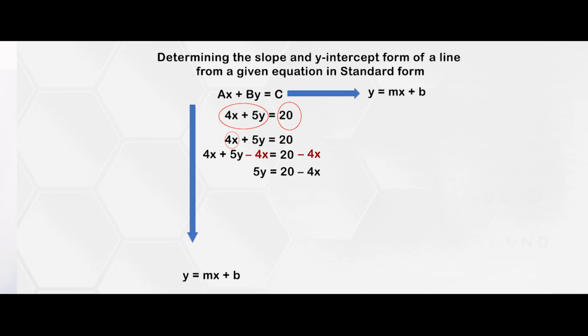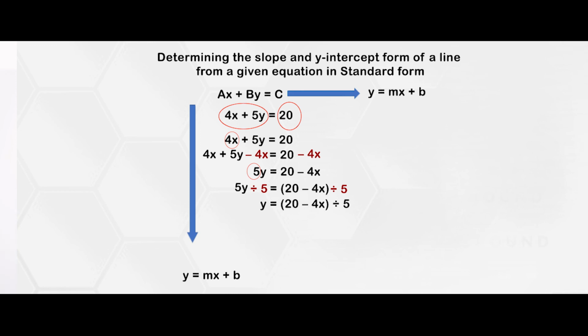We are getting closer, but still on the left hand side the y is not isolated. We still have 5y and we have to isolate y. So we take off that 5 which is multiplied. Now how do we take off 5 which is multiplied there? We divide. Again we divide on both the sides to make sure that the balance is not disturbed. So we end up with y equals (20 minus 4x) within brackets, divided by 5.